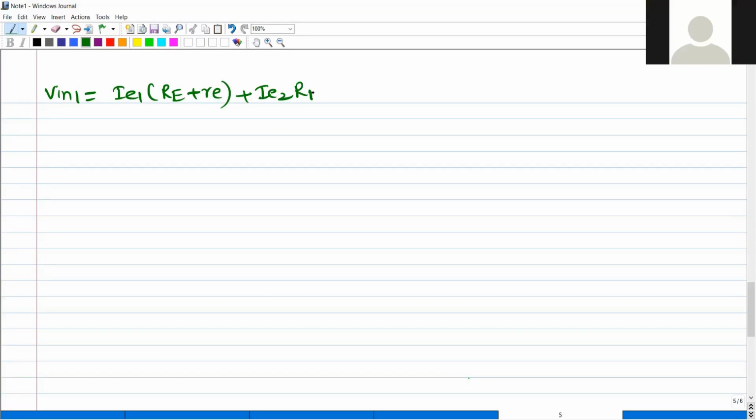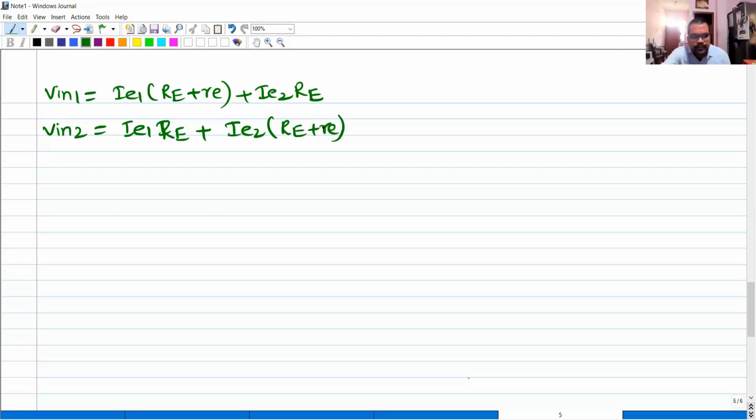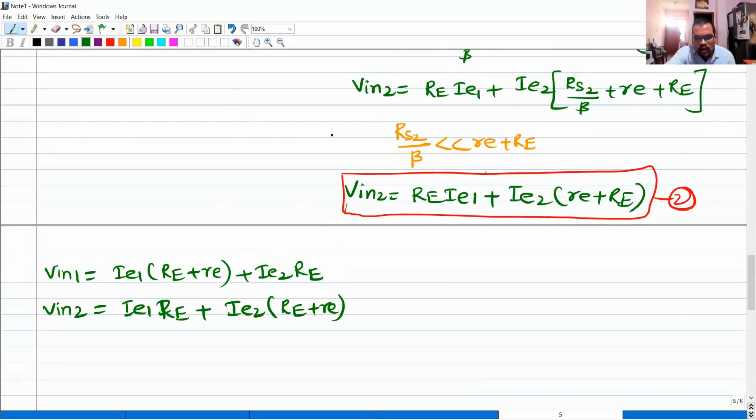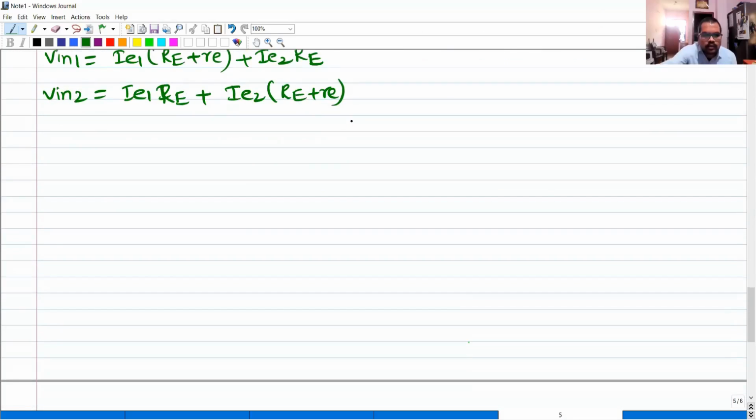Vin2 is equal to IE1 RE plus IE2 into RE plus RE. Is it right? Is everyone following?